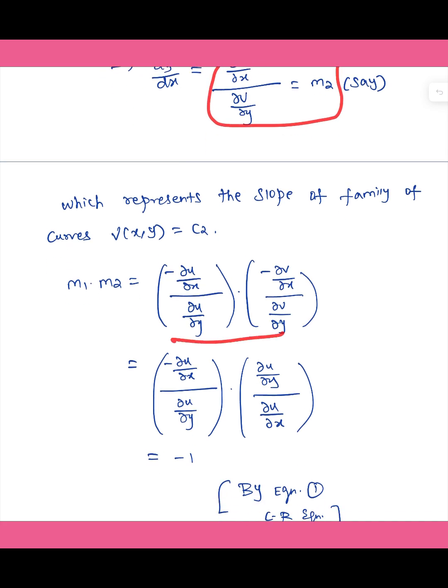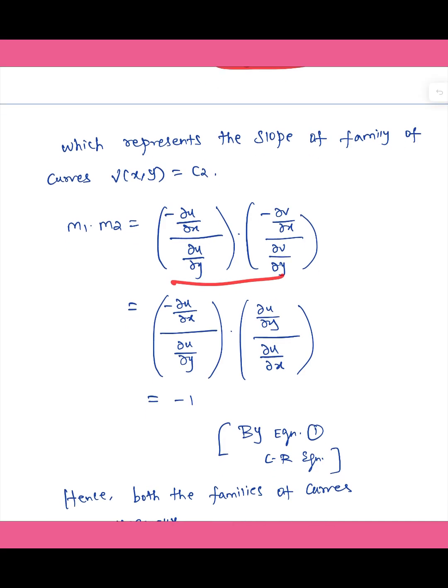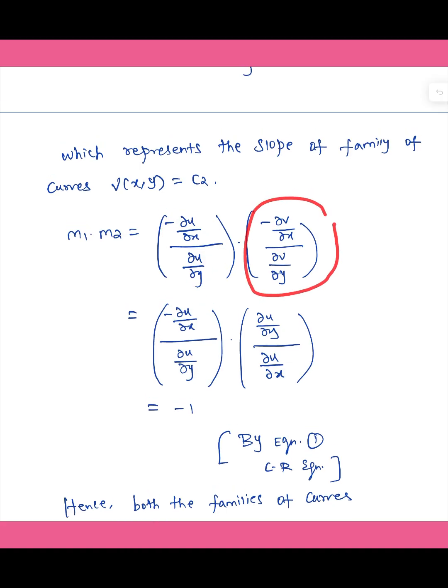Multiply these together. I leave the m1 term as it is, but in this one I make use of the CR equations: ux equal to vy and uy equal to minus vx. So dou v by dou x becomes minus dou u by dou y, and dou v by dou y becomes dou u by dou x.